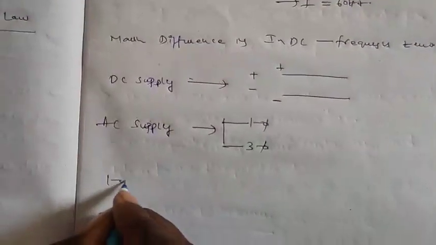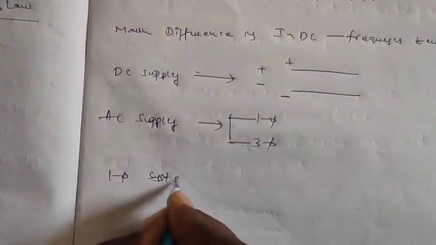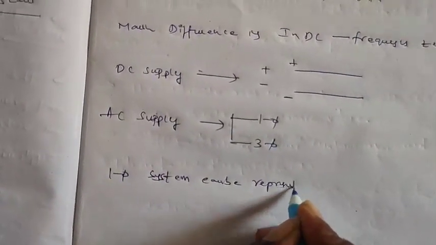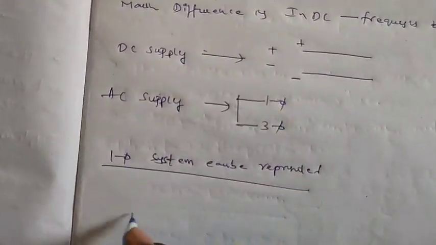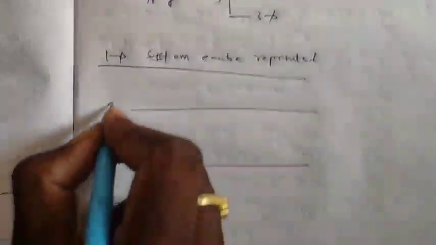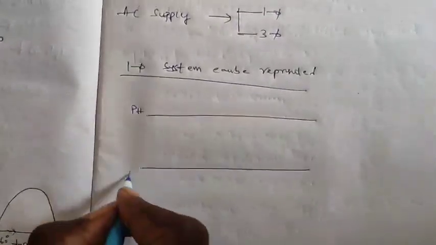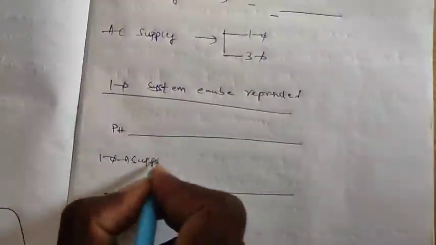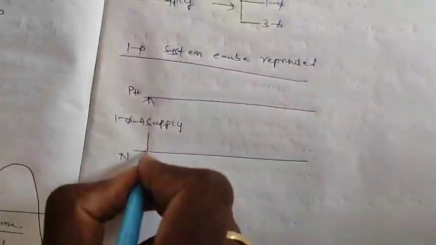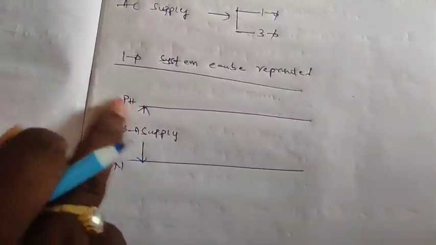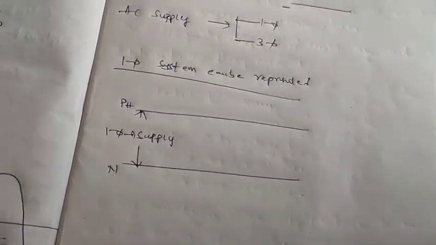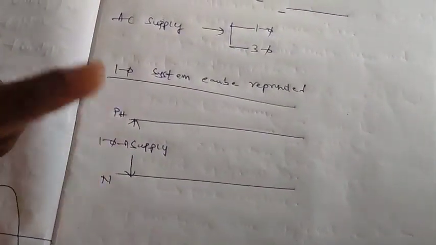A single phase system can be represented with the phase and the neutral. This is very important: if we represent plus and minus, that is DC supply; if we represent phase and neutral, that is AC supply.